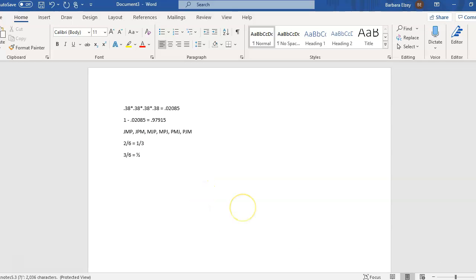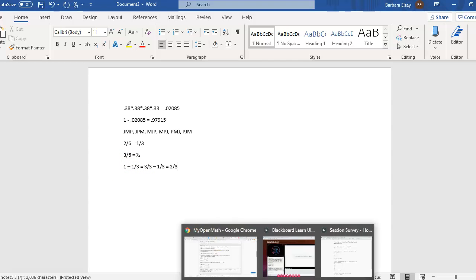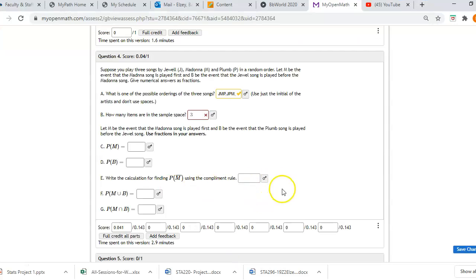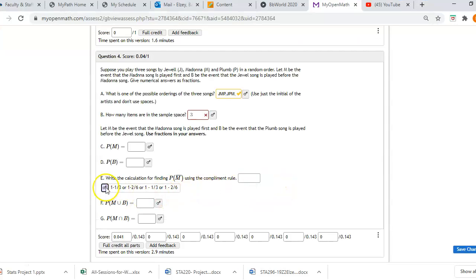So we're going to go 1 minus a third. Or they might want you to go into 3 over 3 is the same thing as 1. Of course, we'd get 2/3, but I'm thinking they just want us to show that right there. And actually, we could check just to be sure that that's what they're wanting us to show. 1 minus a third. Yeah. So that's really all they want you to show there.